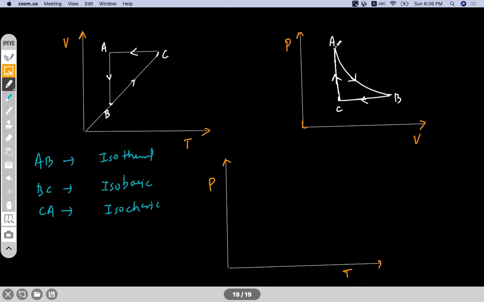CA will have constant volume. AB will have volume decreases. Achha, AB volume decreases, no?